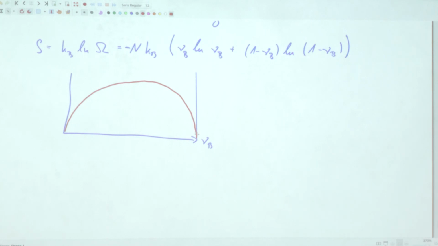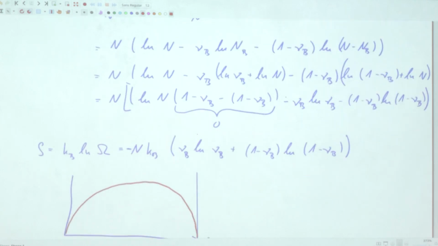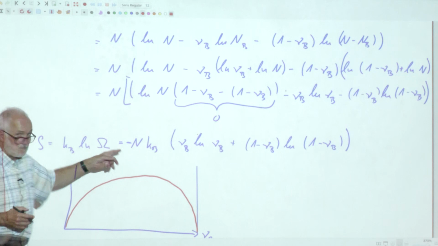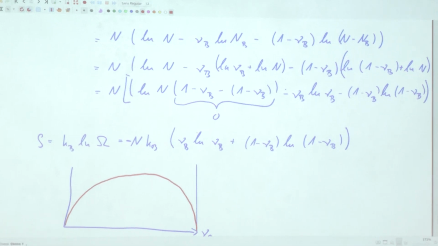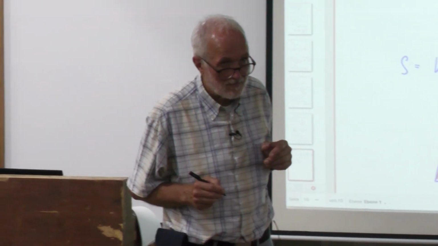What I need for the next chapter is that very often we get expressions for the entropy which have a similar appearance here. Since this is the binary system, the entropy of mixing comes into the picture. What would be the case for a pure substance?